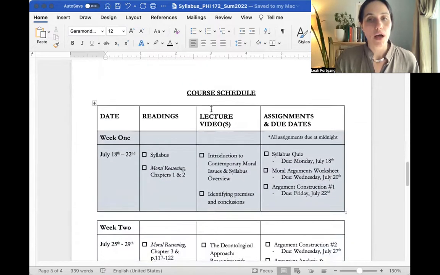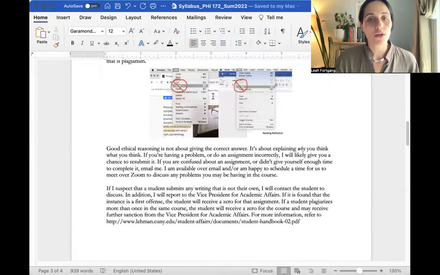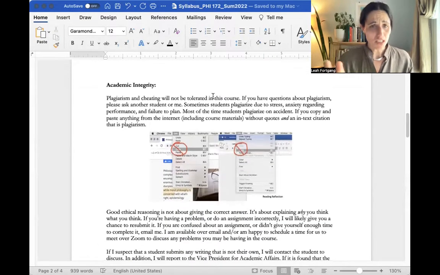I'll briefly talk about this issue of academic integrity. I won't get into it, but I have a moral argument as to why I don't think that plagiarism is wrong because it is stealing someone's work that you didn't do.